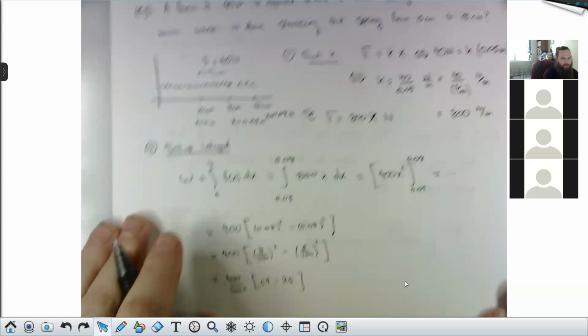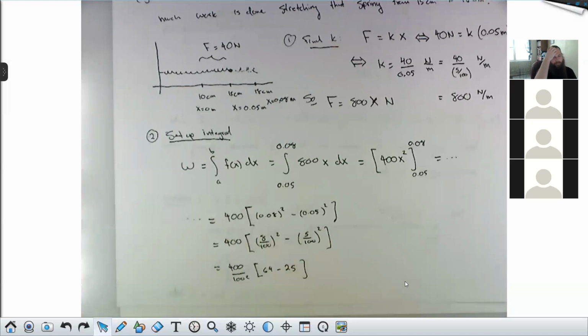I'm factoring out the 100 squared from the bottom. So 100 squared, that's 10 squared squared, or 10 to the 4, is 10,000. And then here, 64 minus 25 is easy to compute. That's 8 squared minus 5 squared. So what is that? Let's see, 25 plus 40 would be 65. So this is 39.